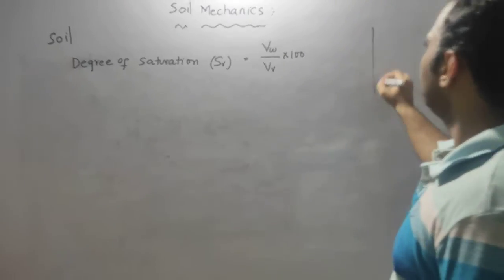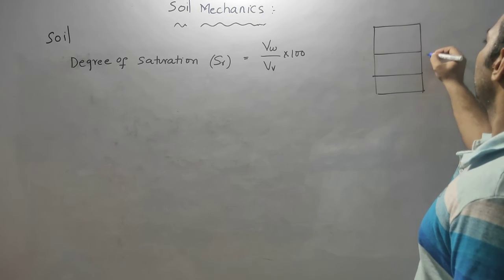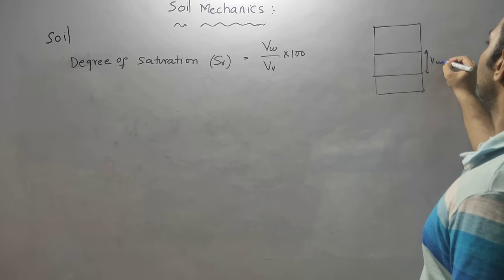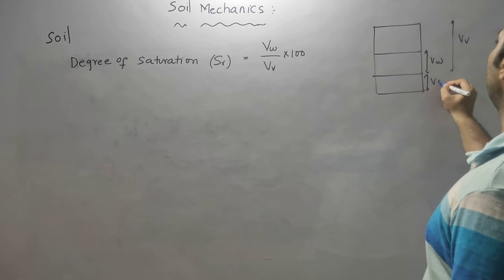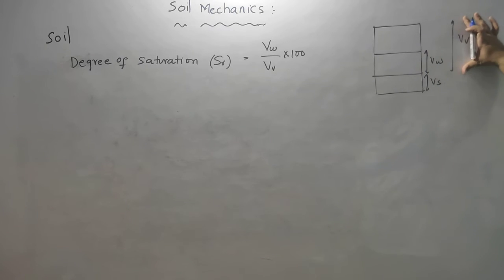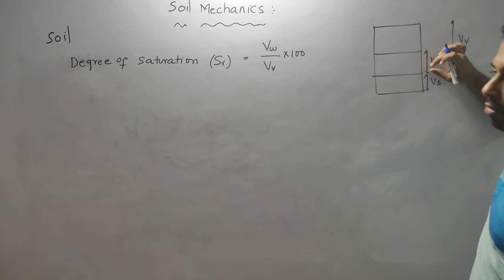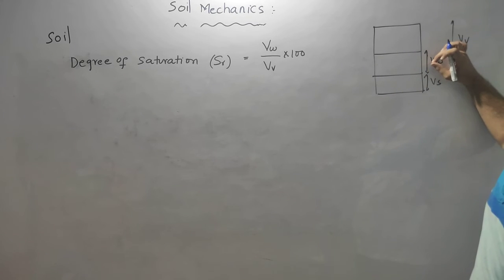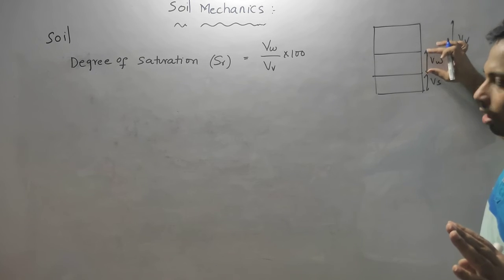That means if you see the phase diagram, this is volume of water, this is volume of voids. So what is the amount of water present in the total voids? That is the degree of saturation. See, if there is no water at all, for dry soils, this Vw will become 0.